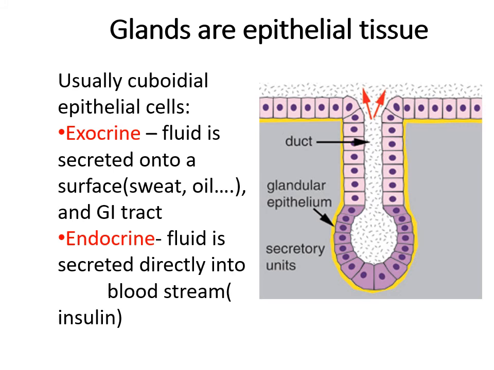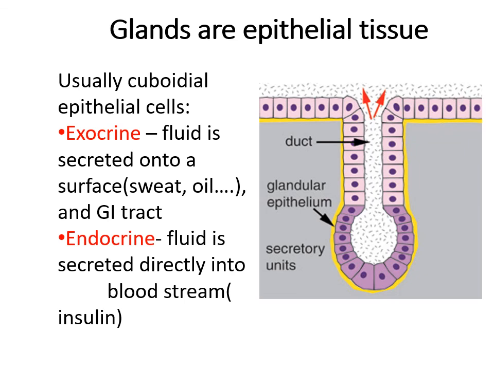So whether it's exiting onto the skin or exiting into the gastrointestinal tract, it's an exocrine gland, okay? And the skin is filled with exocrine glands, as I mentioned, for oils, which we'll talk about when we review acne, sweat glands. The gastrointestinal tract is full of different types of glands that are secreting mucus, some that are secreting digestive enzymes to break down the food.